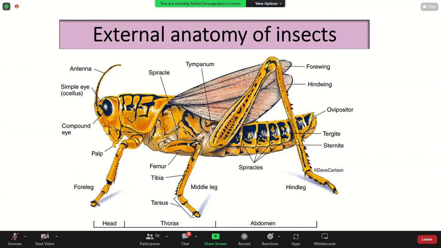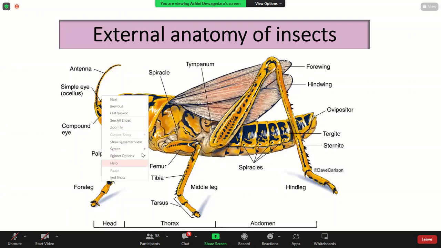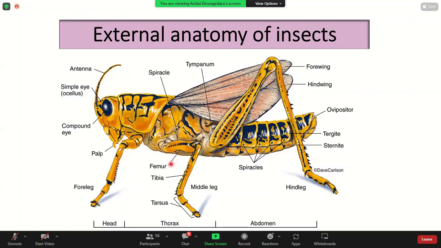So when we talk about insects, their body can be divided into three segments: head, thorax, and abdomen. Head, thorax, and abdomen. Right? So there are three body segments: head, thorax, and abdomen.